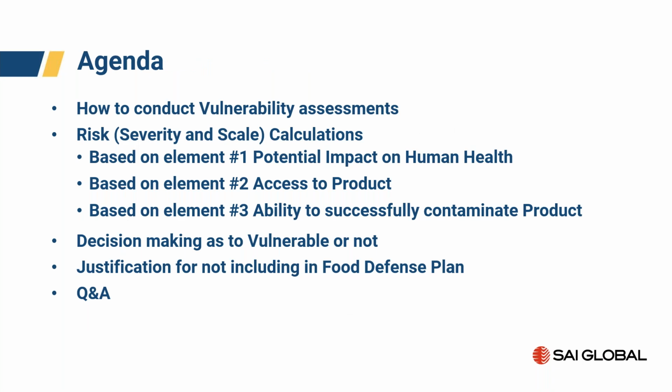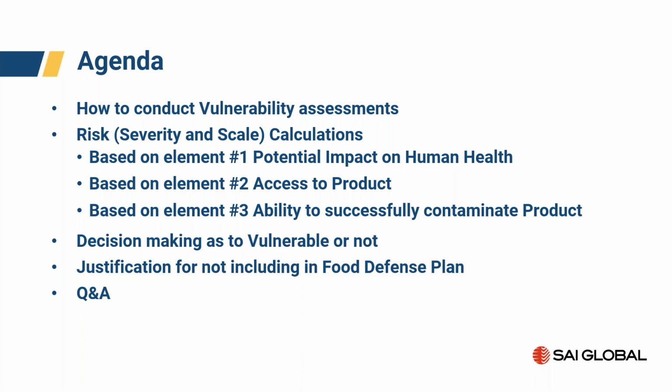This is a follow-up, obviously, to a previous food defense webinar that we did, but we're now going to get into more details about how the FDA suggests that you do your calculations on your vulnerabilities as to whether you've got a serious vulnerability or you don't. So I'm going to talk about how to conduct those vulnerability assessments, where you have to do calculations based on the risk, which is severity and scale, using the three elements, which are potential impact on human health, access of the attacker to the product, and the ability of the attacker to be successful.